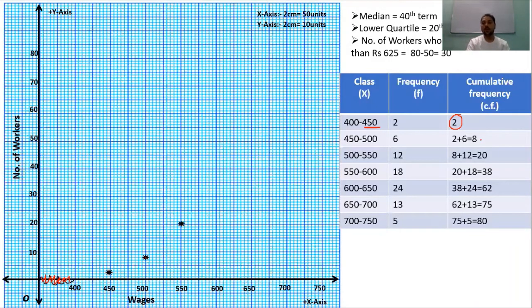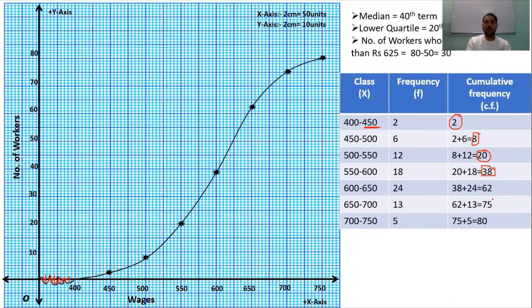We are drawing the cumulative frequency curve, so we take all the cumulative frequency points here: 8, 20, 38, then 62, 75, and last we have 80. Now join all these points with free hand.